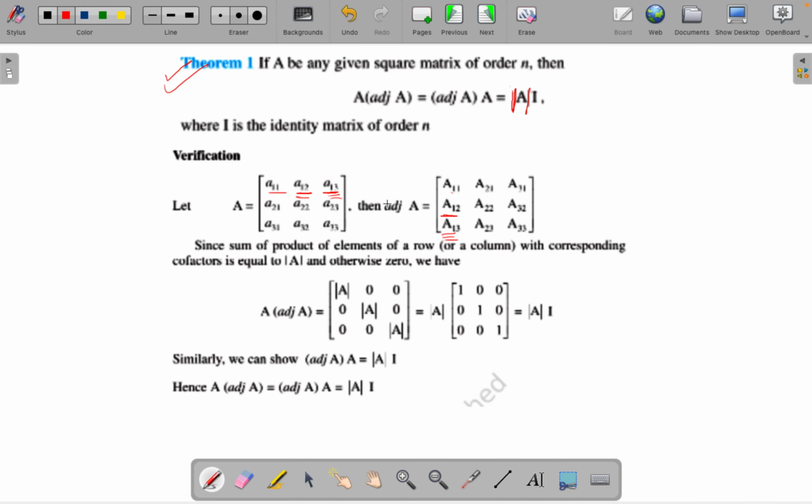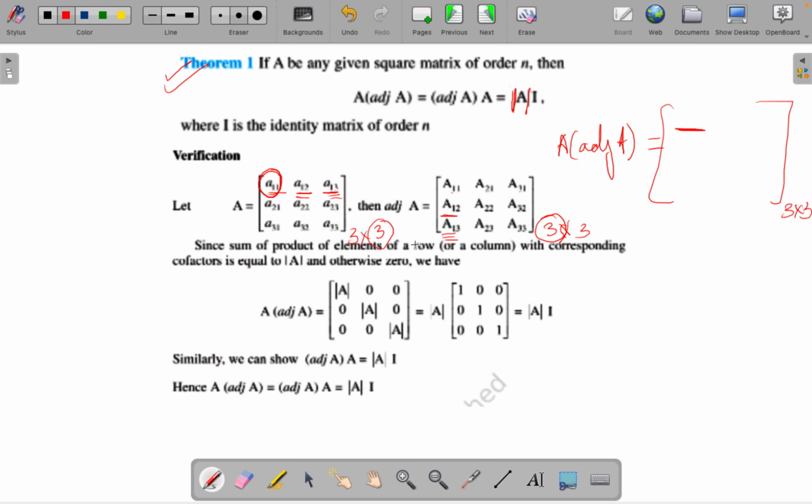Now when you do the multiplication, children, let me just show you the first row. I want to find A into adjoint of A. So obviously, by the rule of multiplication, this is 3 by 3 and this is also 3 by 3, so the inner orders match, and my answer will also be a 3 by 3 matrix. Now suppose I have to write this position.